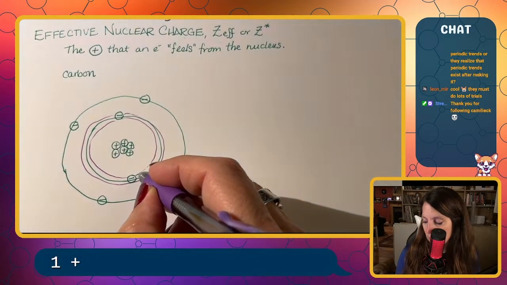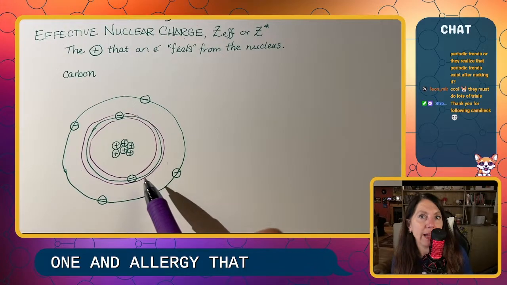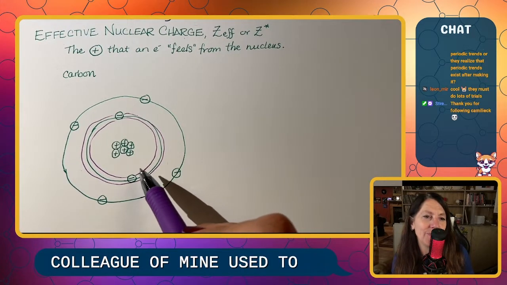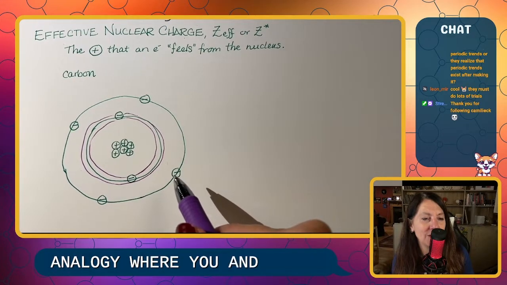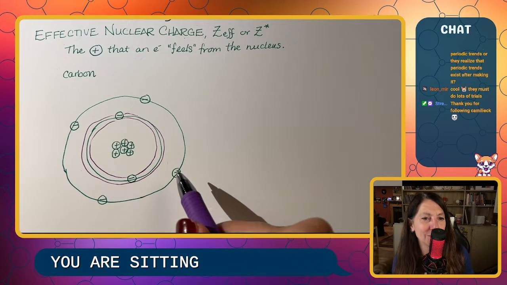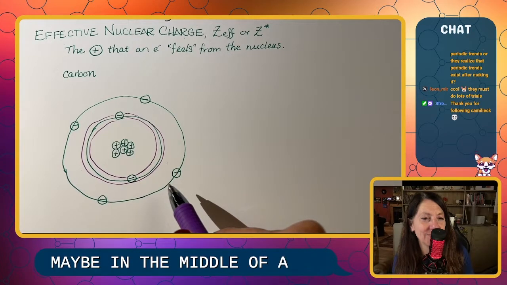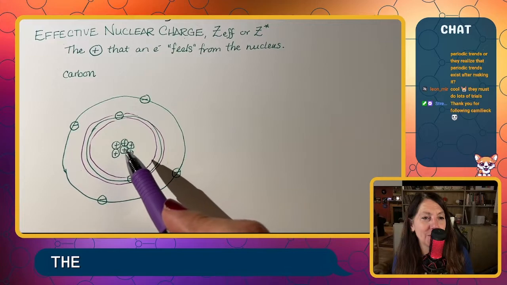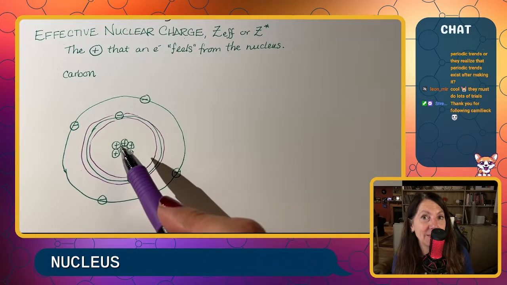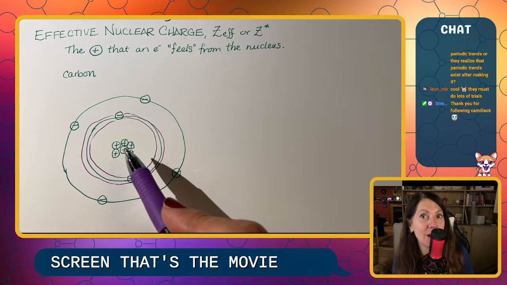One analogy that a colleague of mine used to use is a movie theater analogy, where you imagine you are sitting in a row, maybe in the middle of the theater, and the protons in the nucleus are the screen, the movie you're watching.